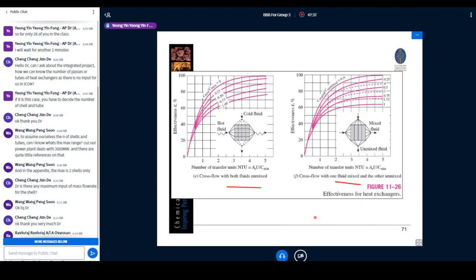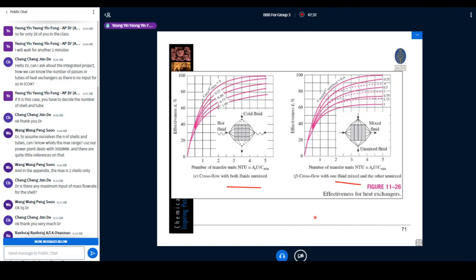And then sometimes maybe you think that the efficiency is a function of NTU, but you can see for parallel flow, after NTU 2, if you increase the surface area, meaning if you use a larger size of heat exchanger, you think the efficiency will be higher, but in fact it is not.